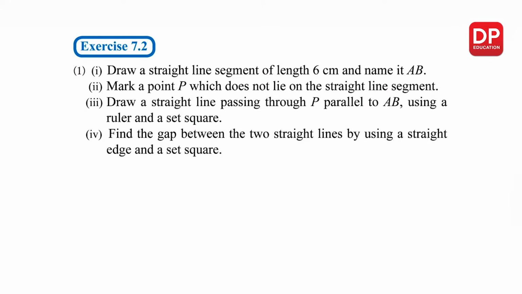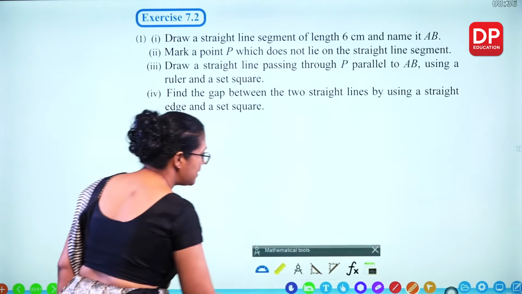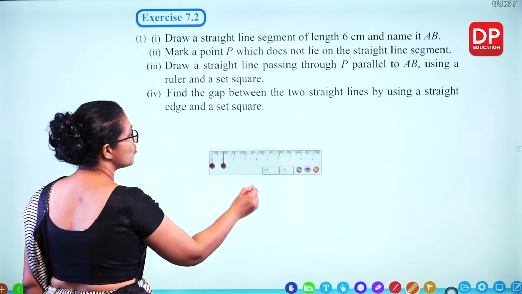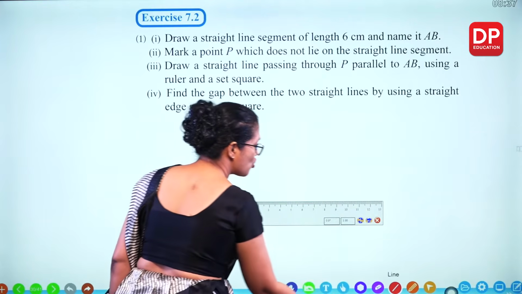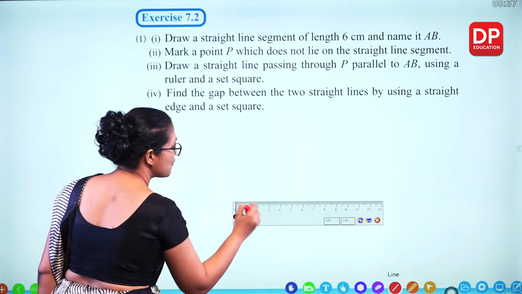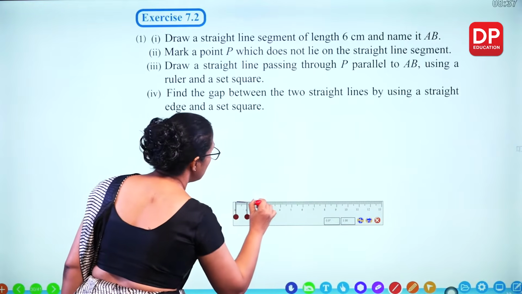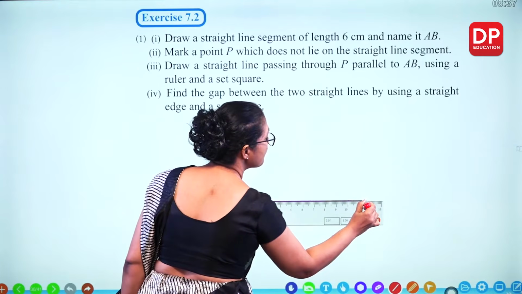Exercise 7.2. Draw a straight line segment of length 6 cm and name it AB. So you need the ruler for that. So take the ruler and you need to measure 6 centimeters. First we'll draw a line segment.